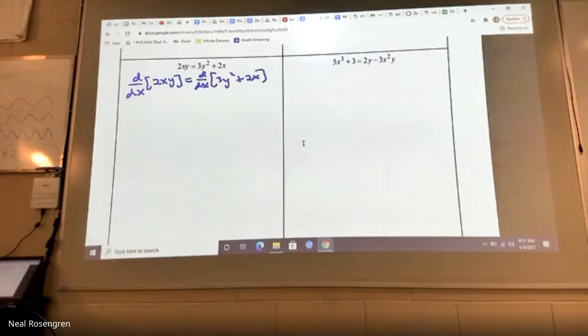Okay, so now let's look at the left side. 2xy. What are we going to need in order to differentiate 2xy? What type of derivative rule is going to come into play here? Product rule.